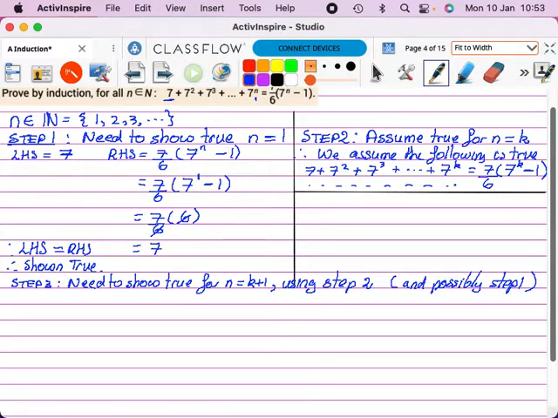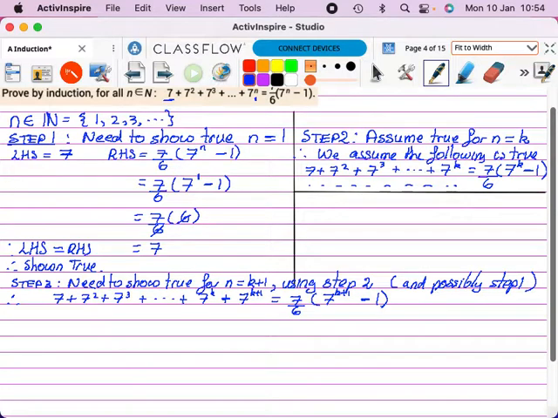So I've got 7 plus 7 squared plus 7 cubed plus, so you've got to learn to copy down the left-hand side of step 2, plus 7 to the power of k, and then add on, when n is equal to k plus 1, 7 to the power of k plus 1, and is equal to 7 over 6, open bracket, 7 to the power of k plus 1 minus 1.